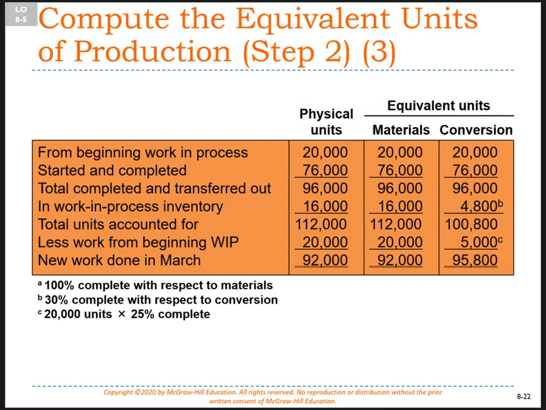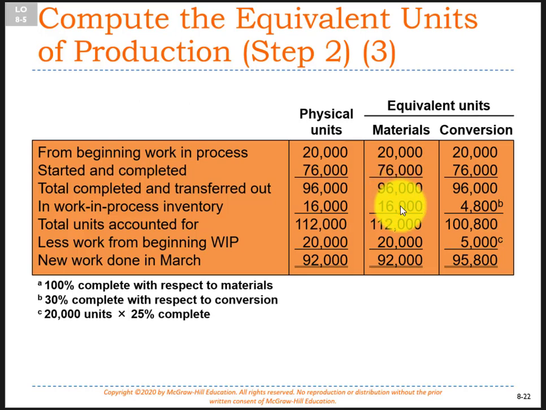The equivalent units, because we're separating them, is different, okay? Now there's a couple ways of doing this. This one shows, all right, you add up from beginning, started and completed. If you had completed and transferred out 96, then you must have started, and you started with 20, you must have started and completed 76, right? Otherwise, you wouldn't have had 96 to transfer out. Okay?